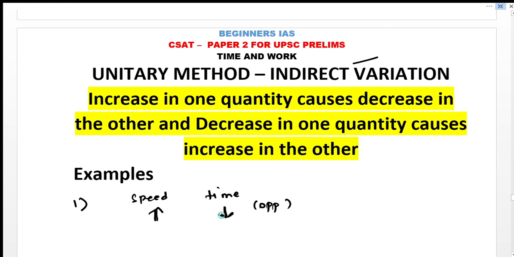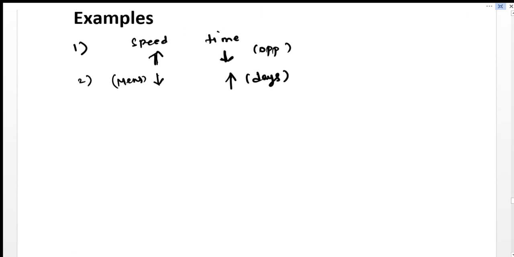For example, if less number of men are working, more number of days will be taken. That is nothing but opposite: one decreases, the other increases. Let us solve a few questions related to this concept.